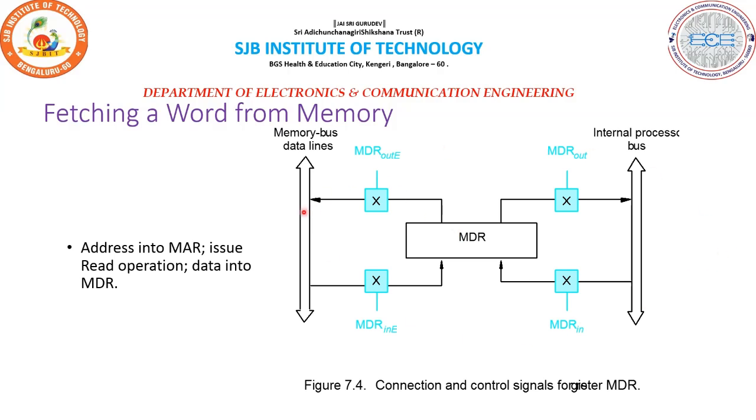Here you see the diagram where two buses are connected to the MDR register: one is the memory bus data lines, the other is the internal processor data lines. There are 4 control signals, in and out on each side. The in and out signals are connected to the internal processor bus, and the other in and out signals are connected to the memory data bus.